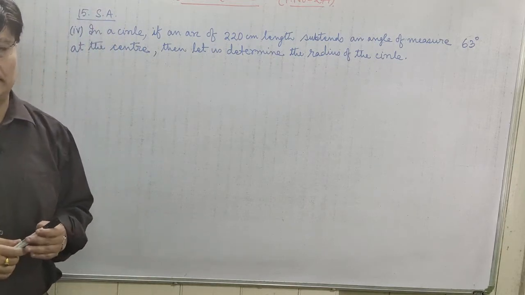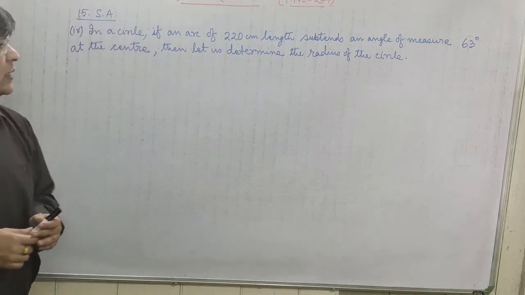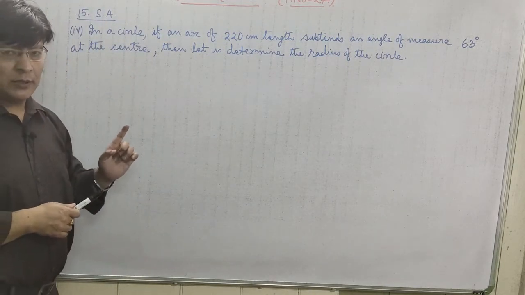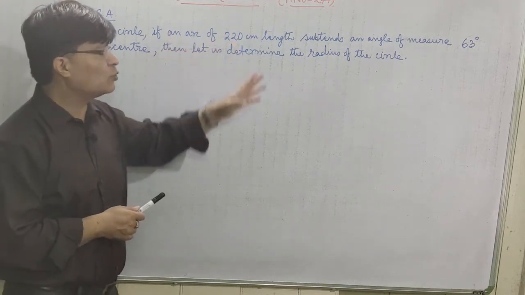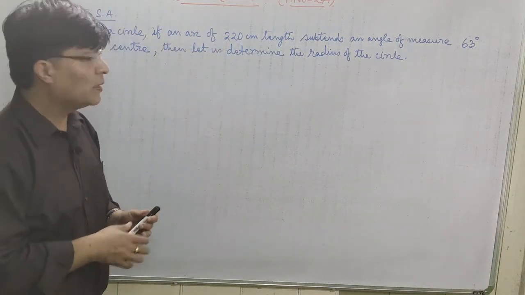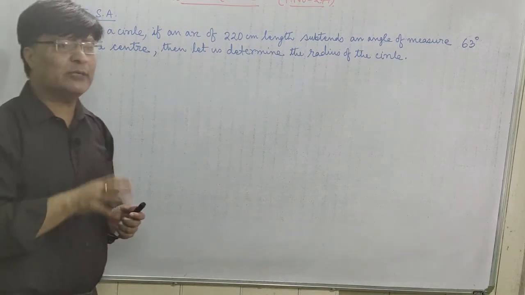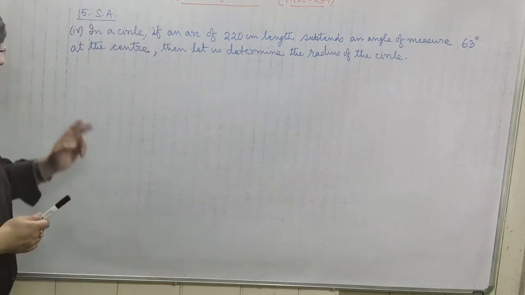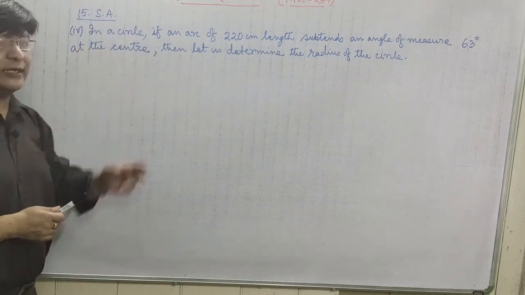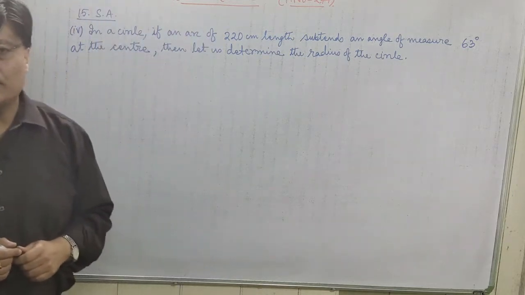There is a circle, and an arc of length 220 centimeter, which subtends an angle of 63 degree at the center. You have to find out the radius of the circle.